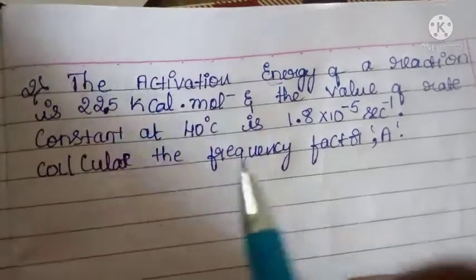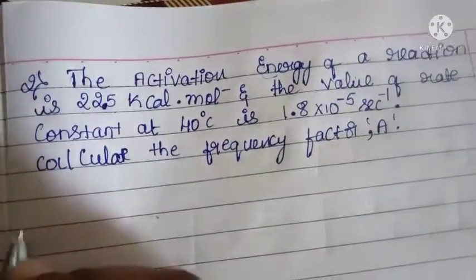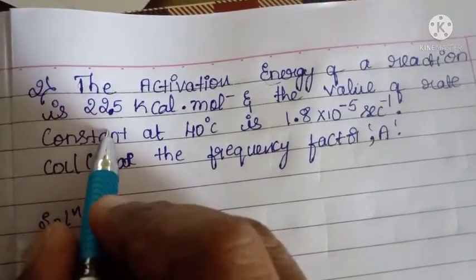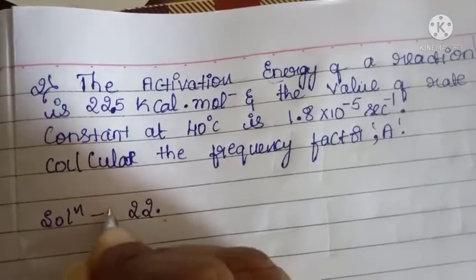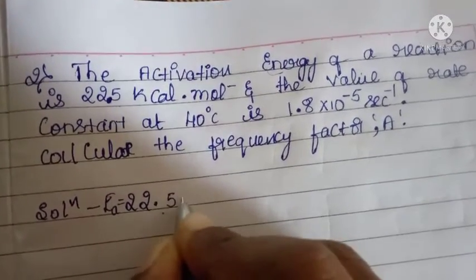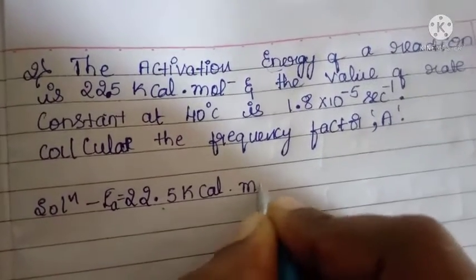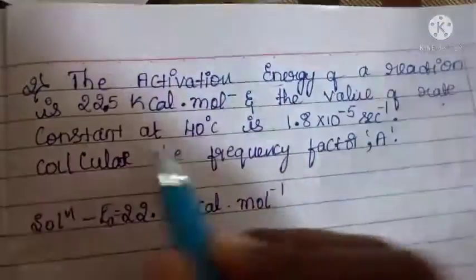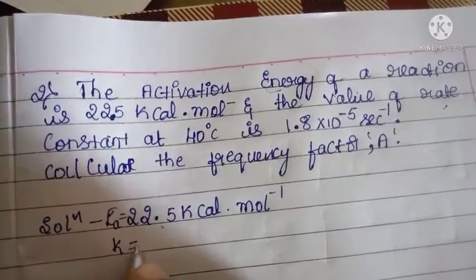Here you have to observe: the activation energy of a reaction is 22.5 kilocalorie per mole. Okay, and then the value of rate constant, that is k, is how much?